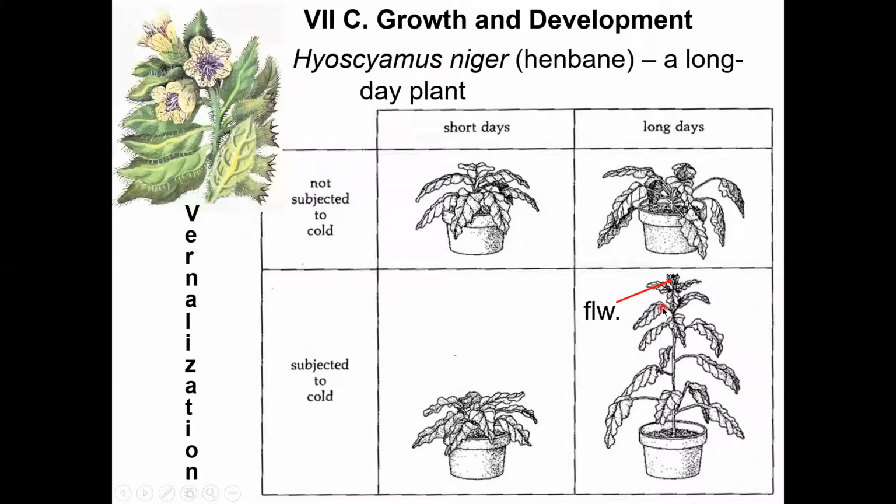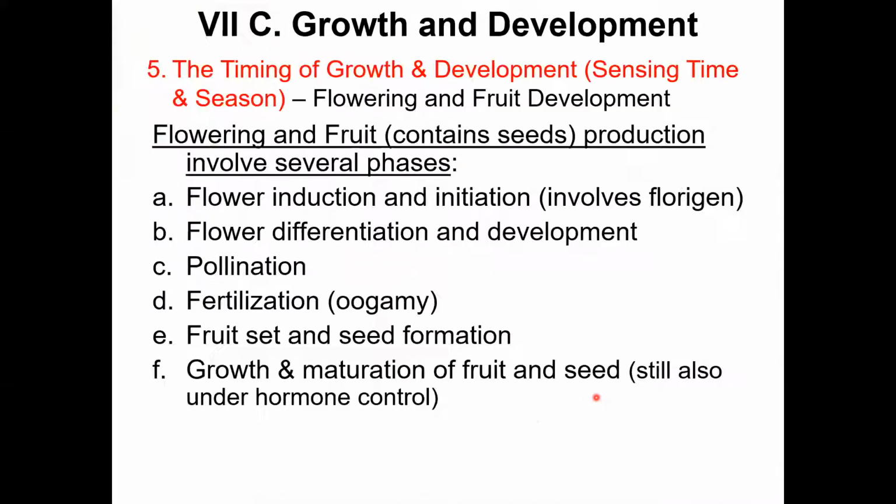And to make matters more complicated, this is genetically controlled in the sense that henbane produces an annual and a biennial type of plant. The annual strain produces flowers in the first growing season, and the biennial type requires a cold winter before the flowering takes place in the second growing season. So that experiment has a lot of variables.